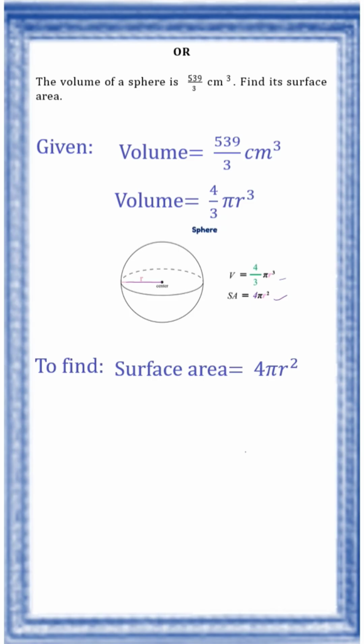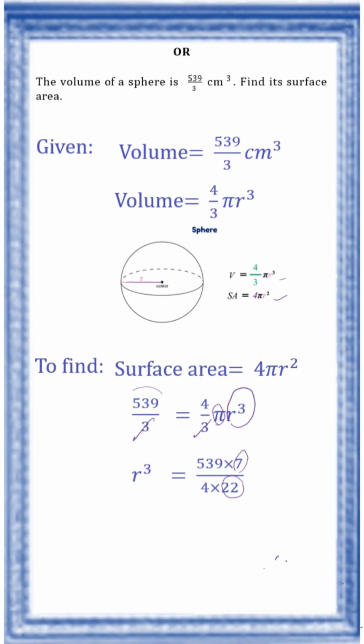We know that 539 by 3 is equal to 4 by 3 pi r cube. Here 3 and 3 get cancelled. Here only r cube is unknown. Bring it to LHS. Then in RHS, 539, pi is 22 by 7. Take the reciprocal of this, that means 7 by 22. Here 4 goes to the denominator. Now solve it.